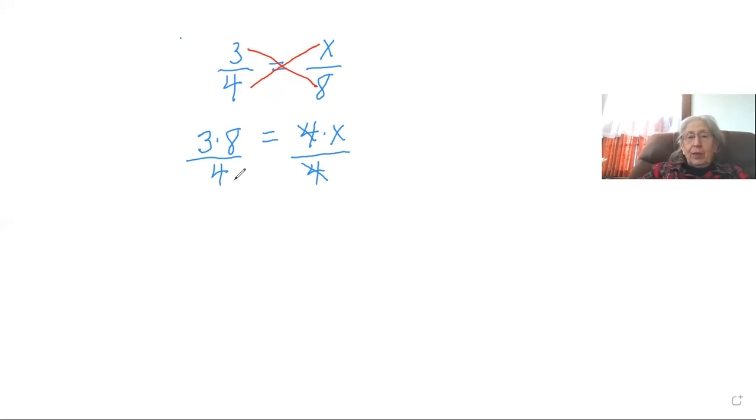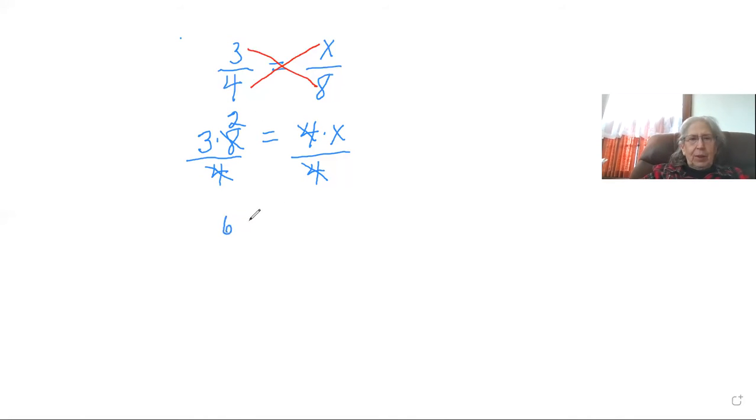Now, there are 2 ways to do it. One is we could multiply 3 times 8 and get 24, and divide by 4 and get 6. The other way is we could cancel this 4 into the 8 and get 6.